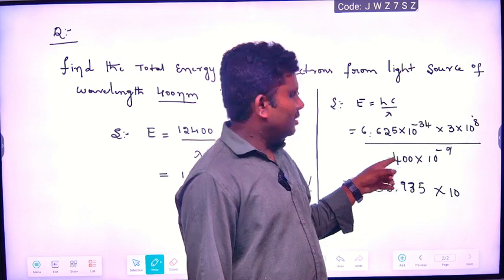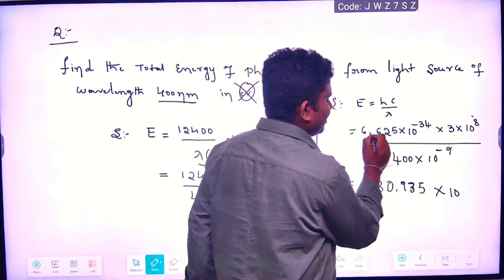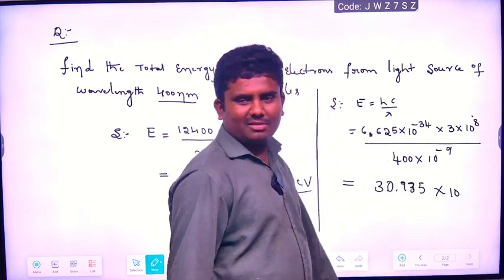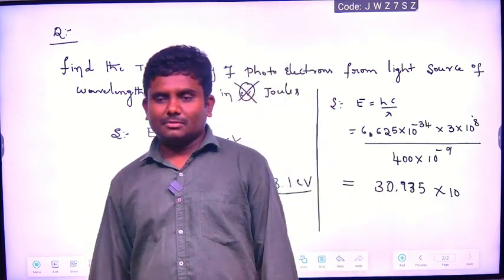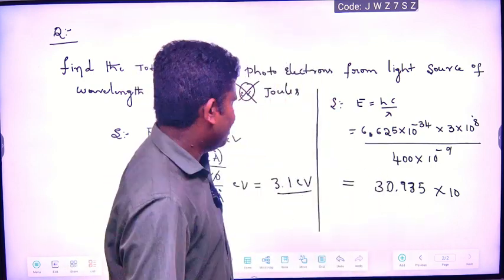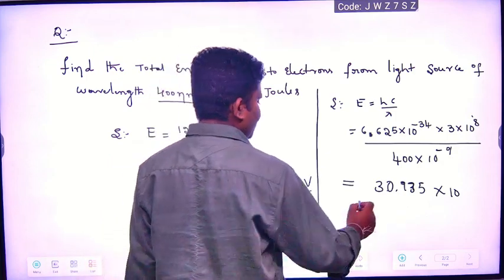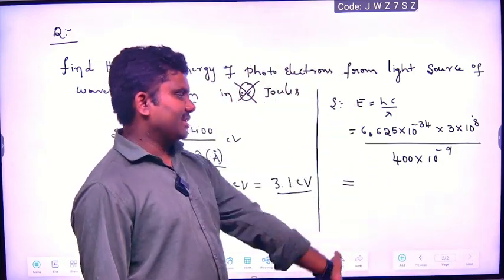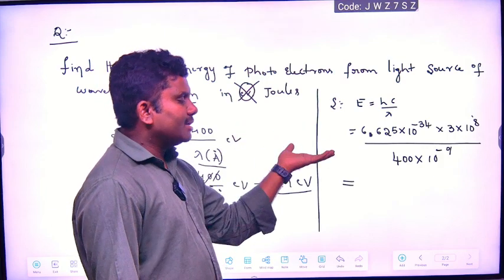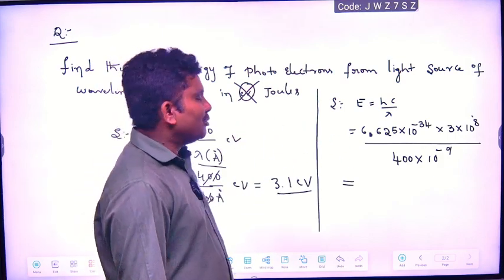No, that is different. You people are not doing properly. Try fast. It is 6.625 into 10 to the power of minus 34, 3 into 10 to the power of 8, divided by 400 into 10 to the power of minus 9.